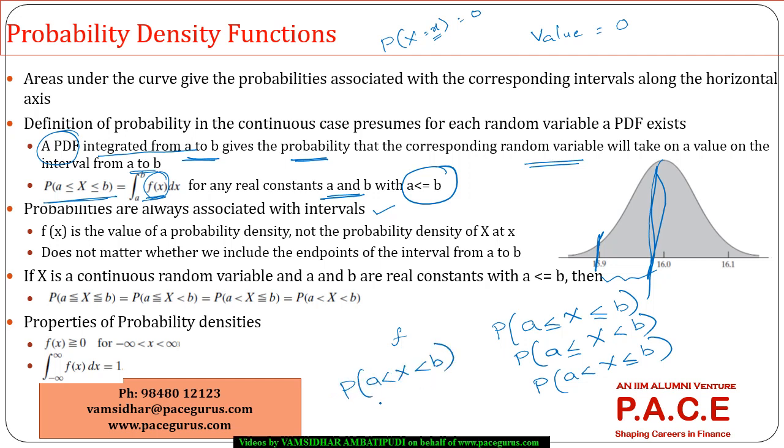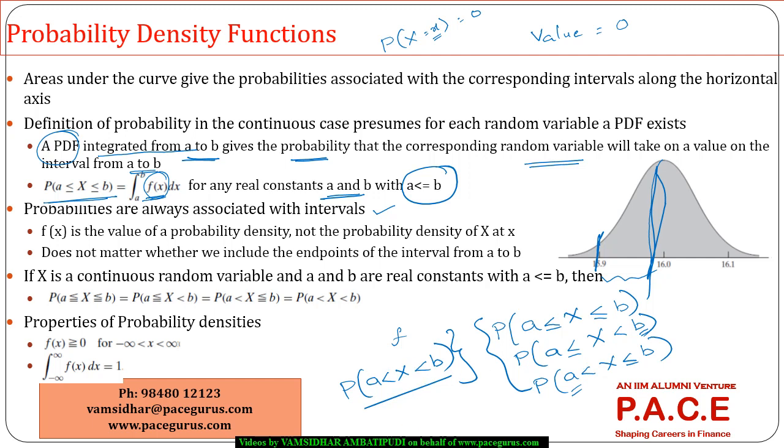All four probabilities will be the same in the continuous case, because what is missing out here is only one point, B, and we know that the probability of that point is 0. Here also what is missing out is A, one point. Here also 2 points are missing.